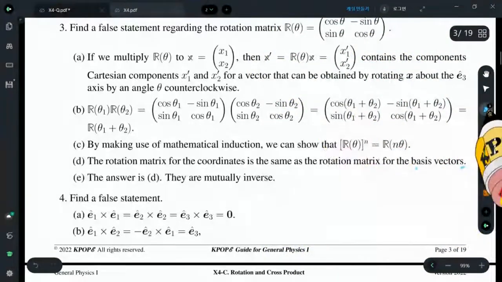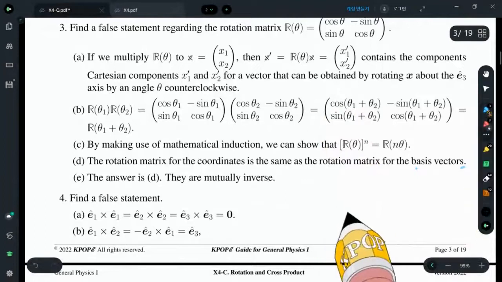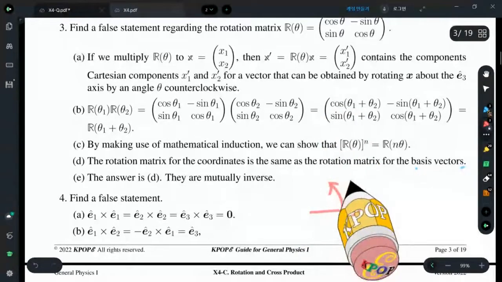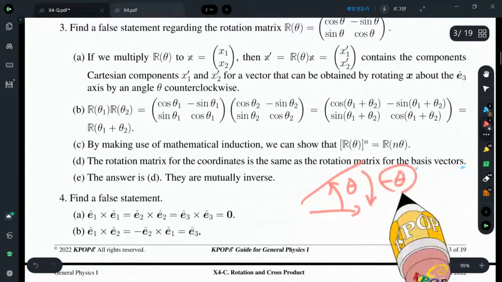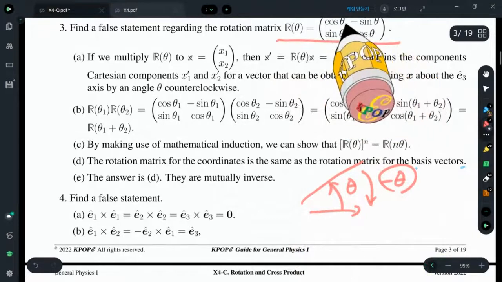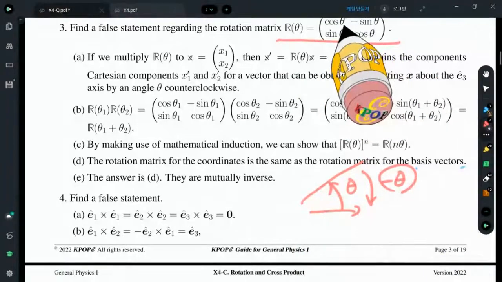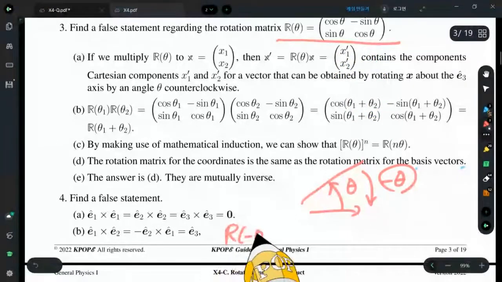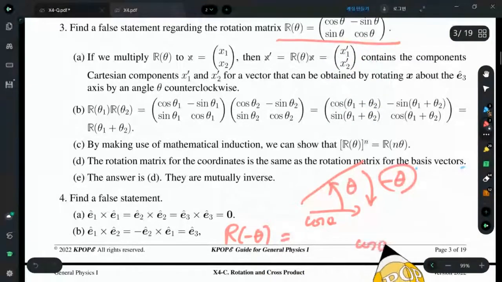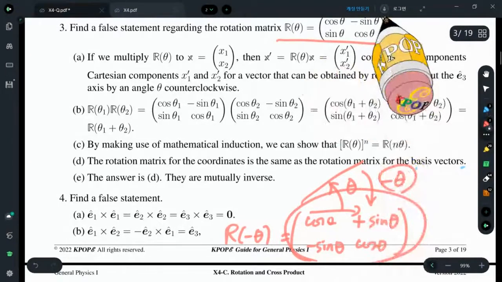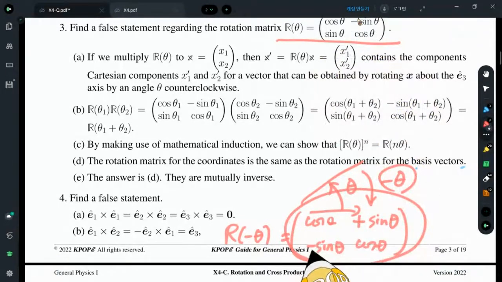In addition, for rotation, it is trivial to find that this rotation by theta, its inverse is rotation by minus theta. So just substitute theta with minus theta, then you will find R minus theta. Cosine is an even function, so cosine is the same, but sine is an odd function. It flips the sign. So this one and this one, they are the same except for this sign.